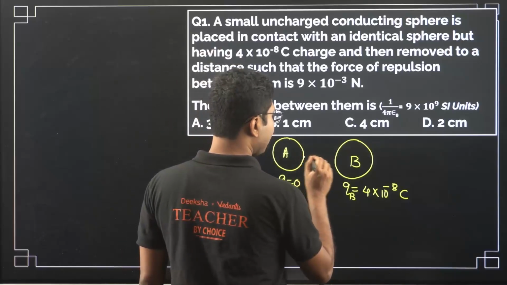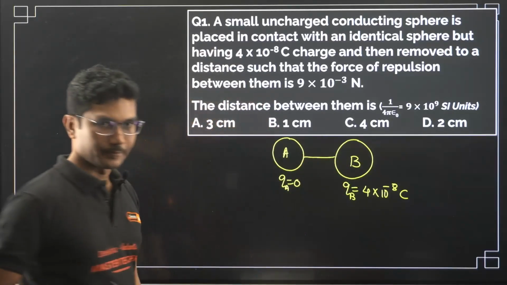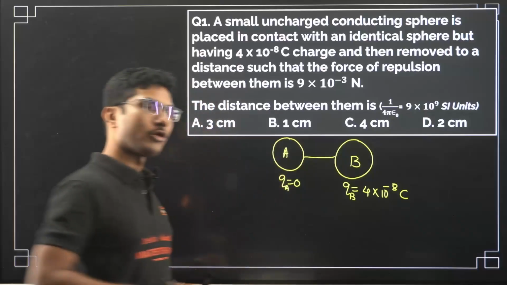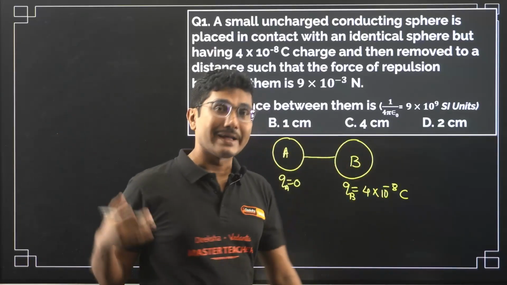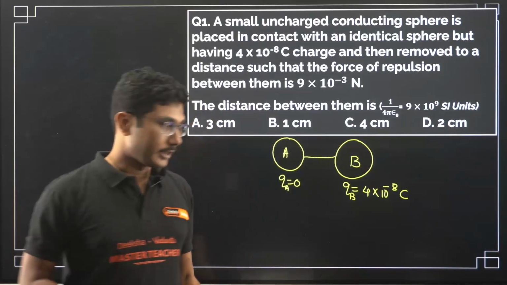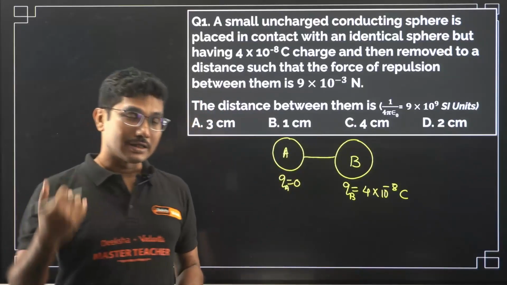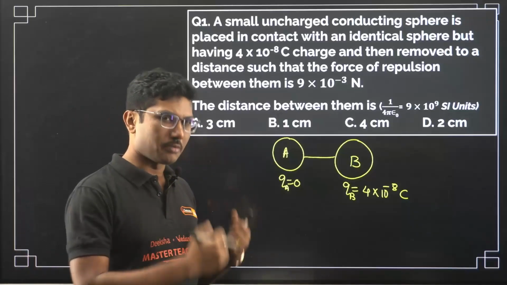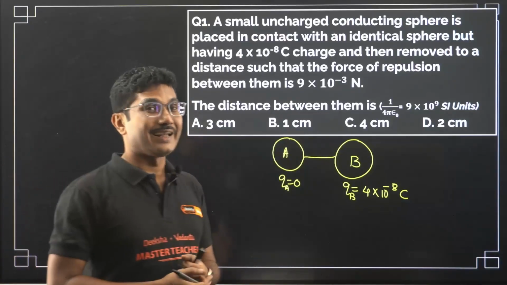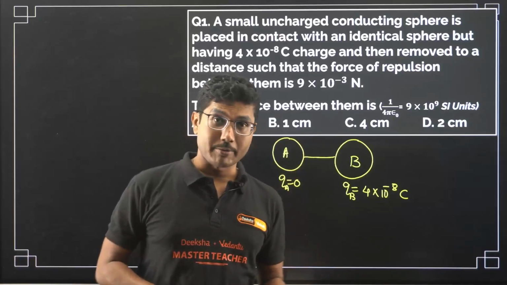Placed in contact means they are basically connected. Both of them are conductors. So once you connect them, because they are identical, this is very important. If they are not identical, the solution of this question will be difficult and tricky. It is solvable, but it will be done in the next chapter, as you need to know the concept of potential.